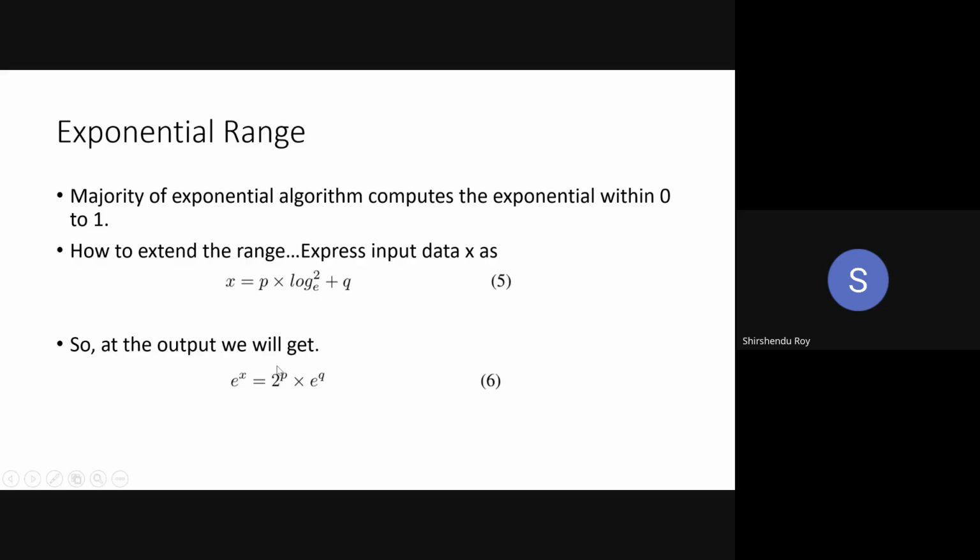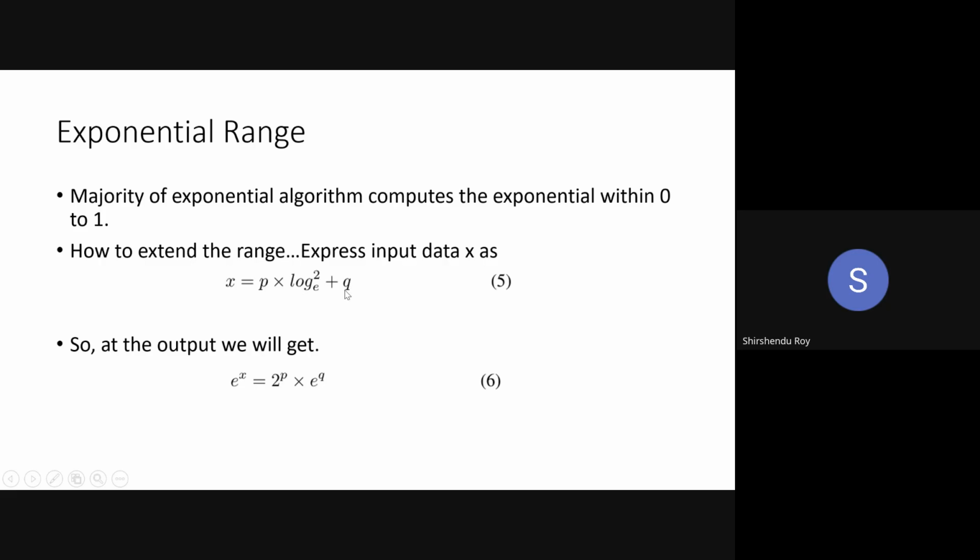If you can express the data in this format, then at the output you will get e to the power x equal to 2 to the power p times e to the power q. So we are not finding e to the power x directly; instead, after representing it that way, we are finding the exponential of q.